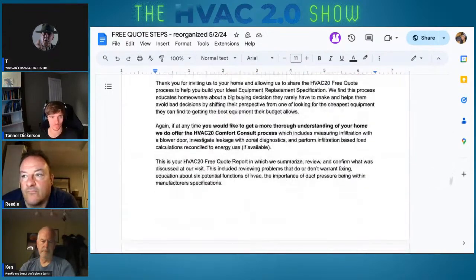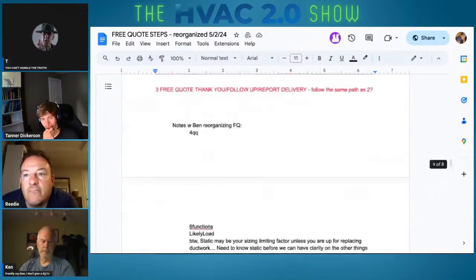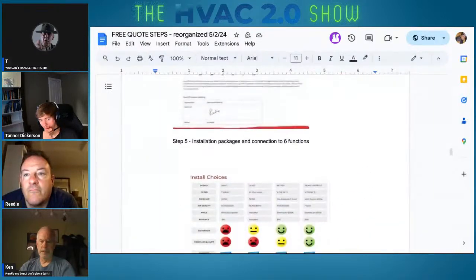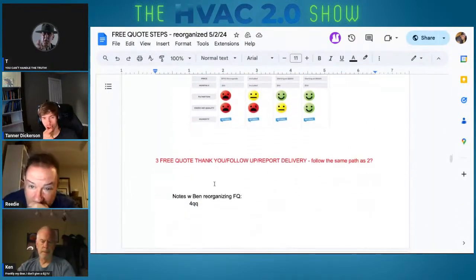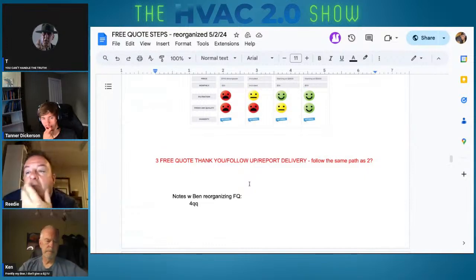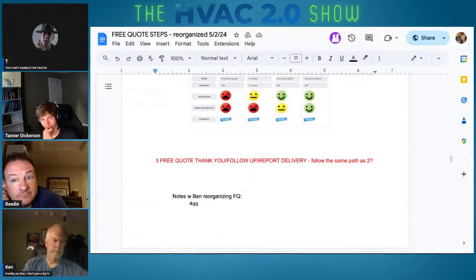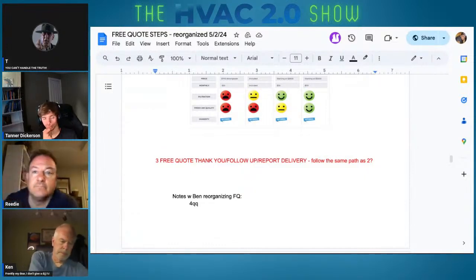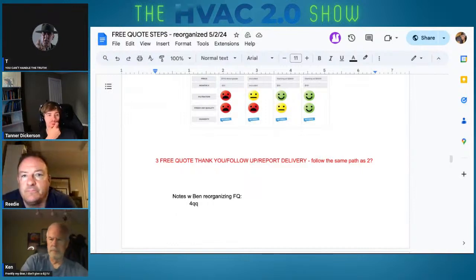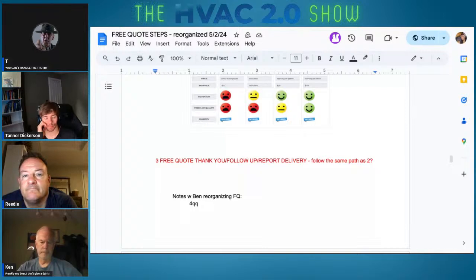And then, I guess I didn't get to the point where I put the equipment choices, but next would be equipment choices. And then in the report, we're going to need to do the same thing, I think, that we do with the comfort consult. It's going to need to have a summary and observations. It's not necessarily going to be recommendations, because it's building their ideal specification.